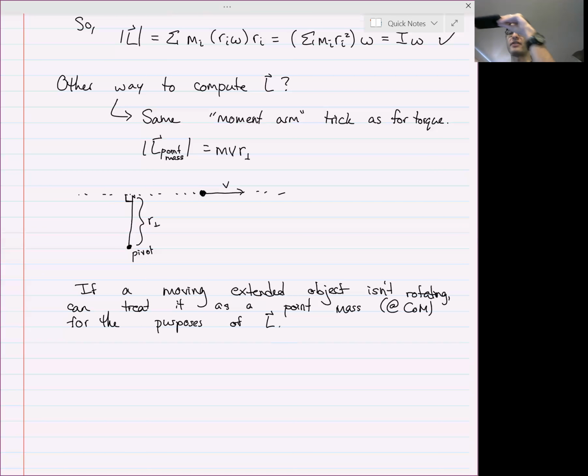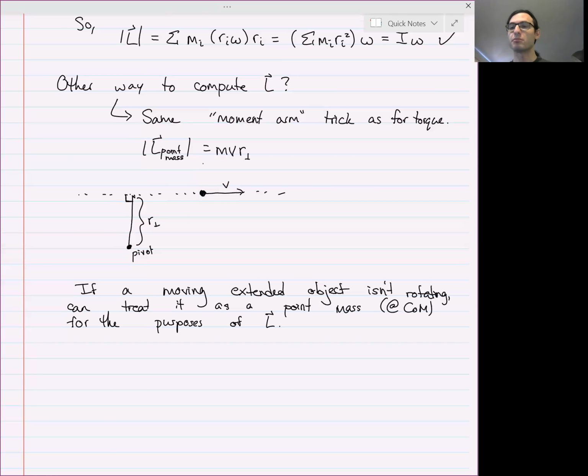Imagine that you have this thing moving while it's rotating. First, you would find the angular momentum about some reference point as if it were not rotating at all. And then you treat all of its mass as if it were at the center of mass, and you do this calculation here. And then later, you would find the angular momentum of just this thing rotating about its own center of mass. That would have some other associated angular momentum with it. And then you would add those two numbers is what it boils down to. And we'll be more explicit about that later, but that's a consequence of this idea. And it's closely related to the parallel axis theorem, by the way.